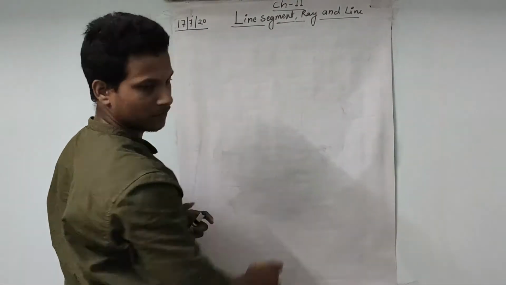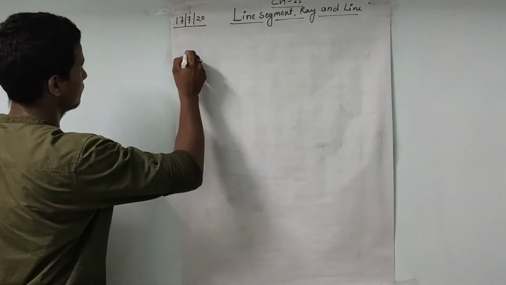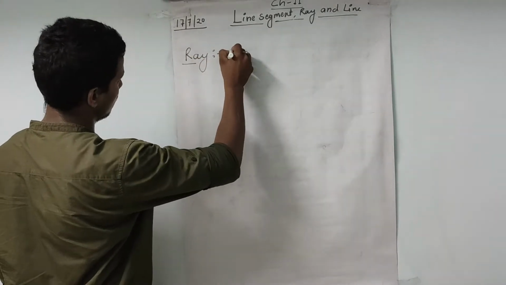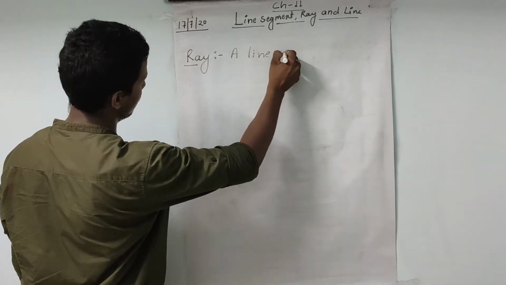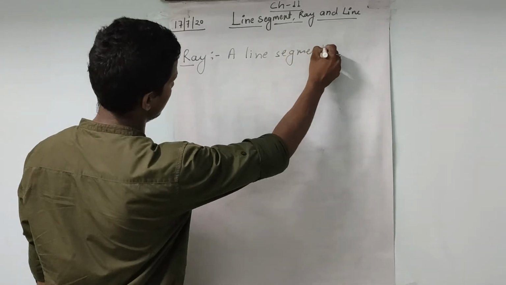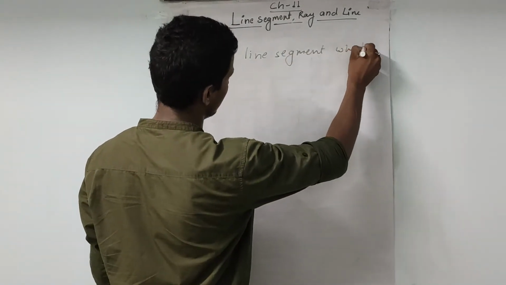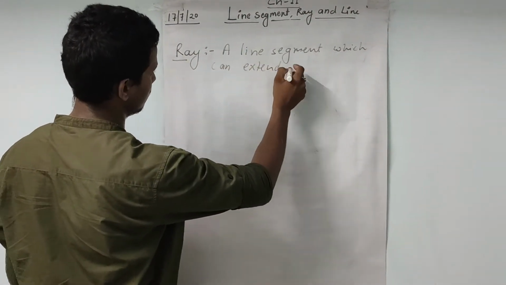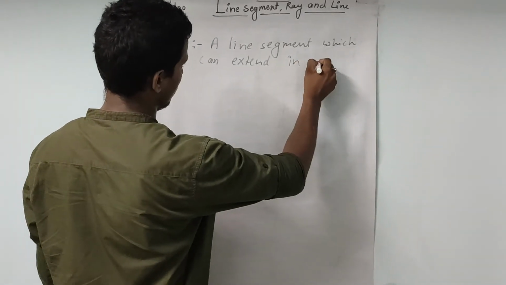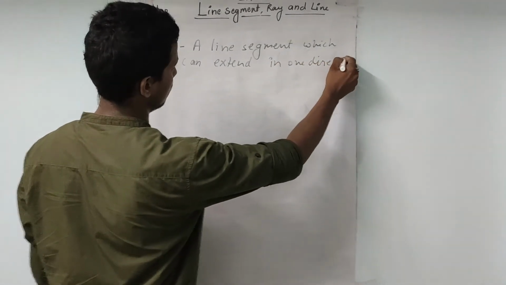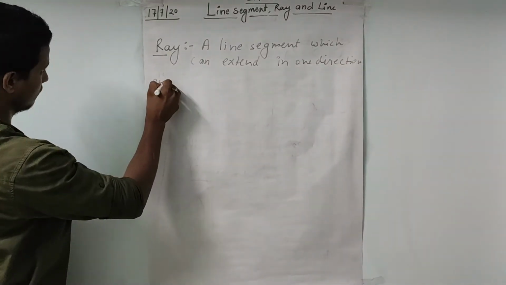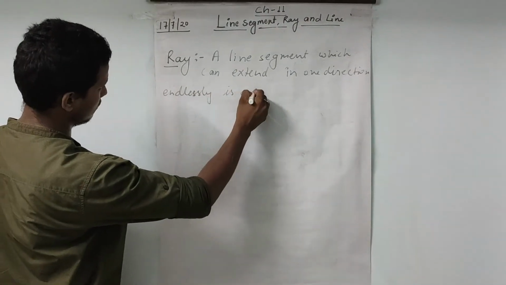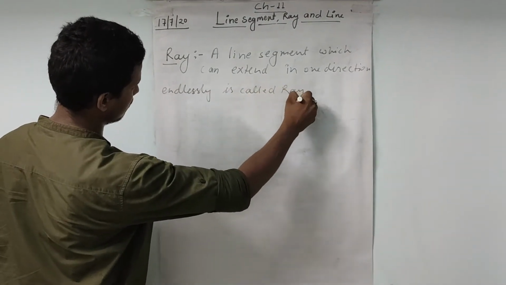Now, the next thing we have is the ray. A line segment which can extend in one direction endlessly is called a ray.